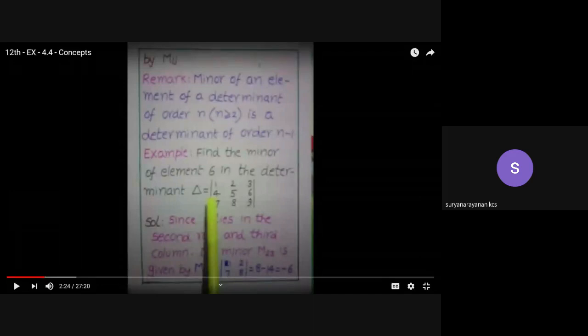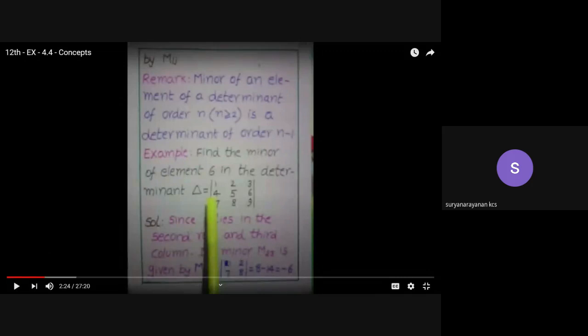Tell me the position of the element 4 in this determinant. Can you tell me, Jerome Jesliraj? Second row, first column. Very good, Jerome Jesliraj. Can you tell me what is the position of the element 2 in this determinant? My dear Staines Johnson, what is the position of the element 2 in this determinant?